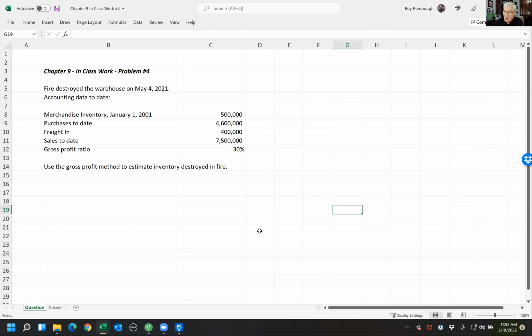And so let's go calculate our available for sale. Beginning inventory equals 500,000. I'm going to do this in thousands.